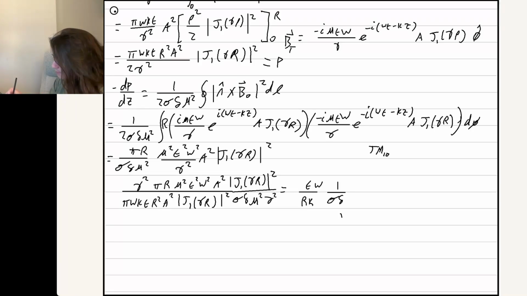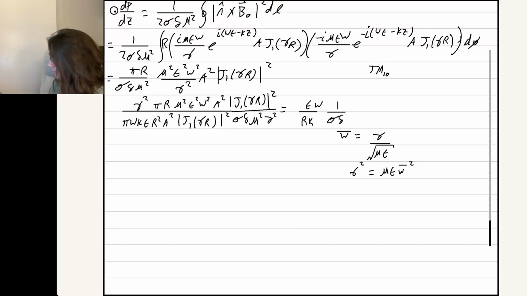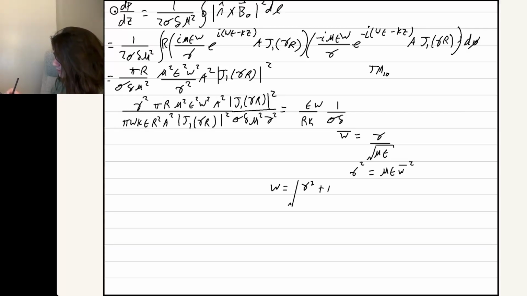Remember, the minimum frequency is going to be given by gamma over root mu epsilon. So solving that, you're going to have that gamma squared is equal to mu epsilon times the minimum frequency squared. And you're going to have that the frequency in general is going to be gamma squared plus k squared over mu epsilon.